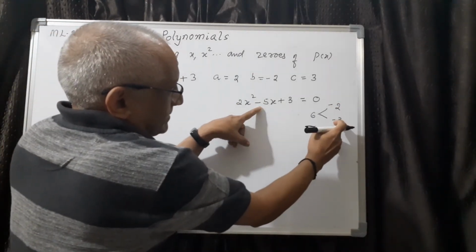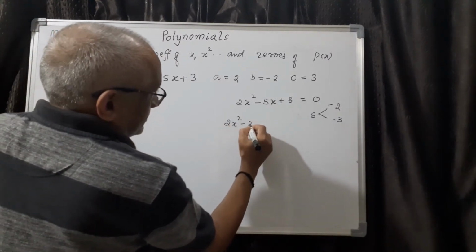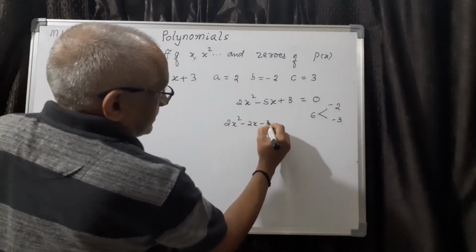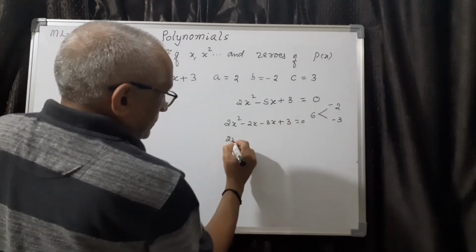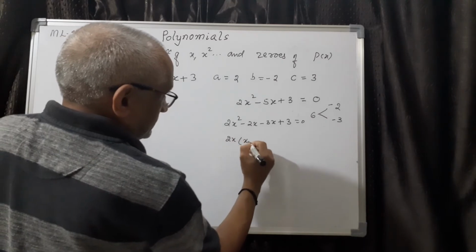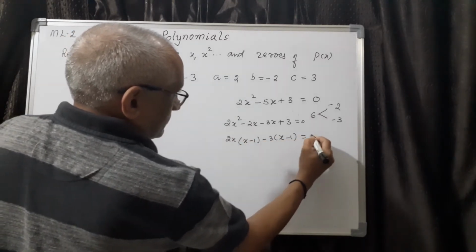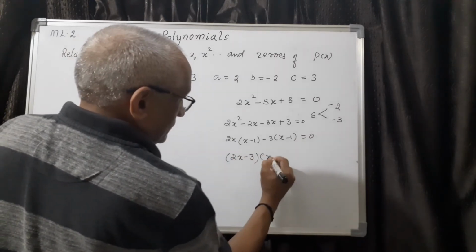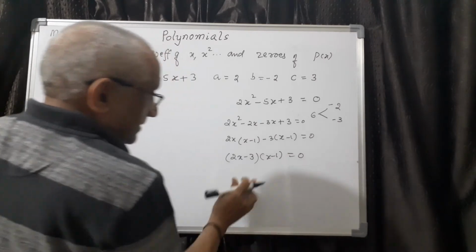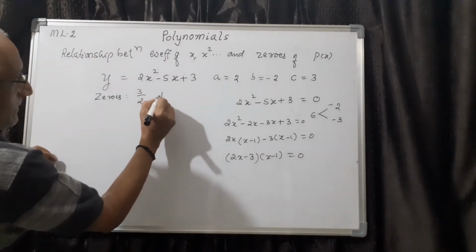So minus 2 minus 3. Therefore you can take 2x square minus 2x minus 3x plus 3 equal to 0. 2x common here, x minus 1, minus 3 common, x minus 1 equal to 0. Therefore 2x minus 3 into x minus 1 equal to 0. Therefore zeros will be, one is 3 by 2, another one is 1.